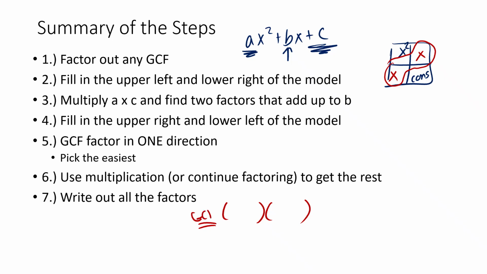I have a lot of students that will finish the model and then just leave the model and never actually state what the factors are. So again, if you want to pause the video right here and write this down or take a picture of it, maybe take a screenshot on your computer or your phone, so you can go back and look at the steps. And let's keep going.